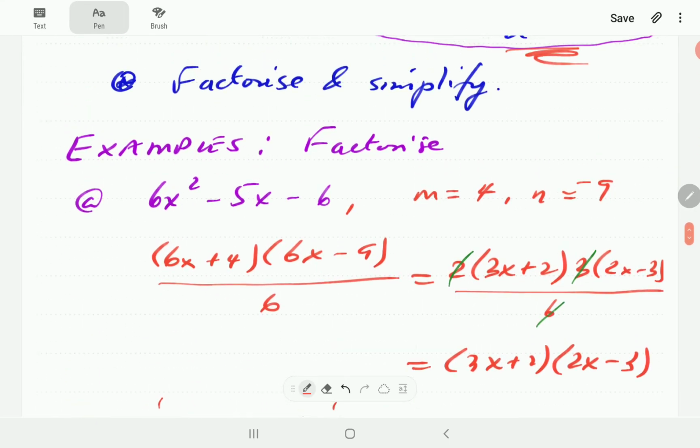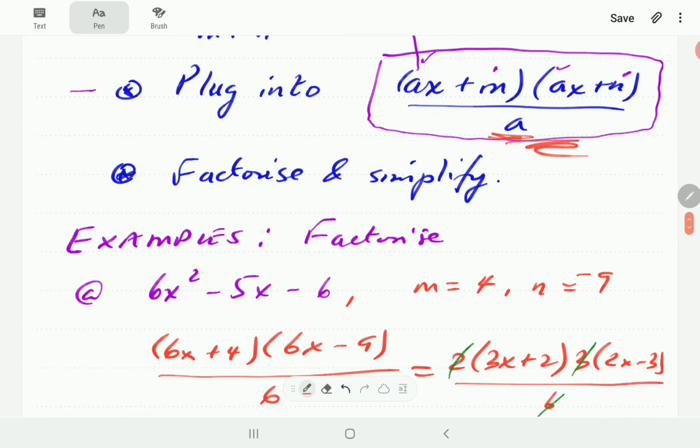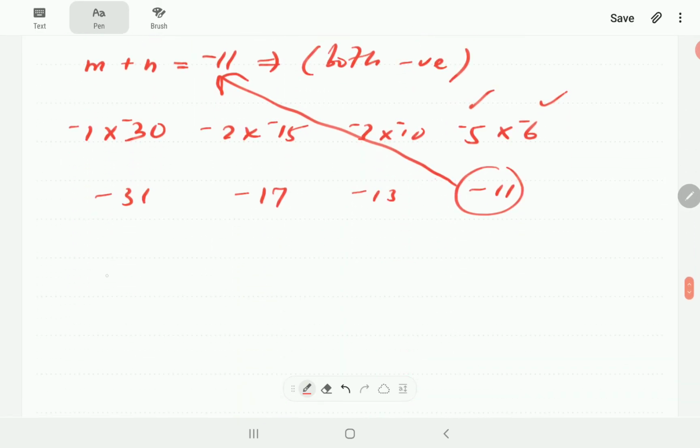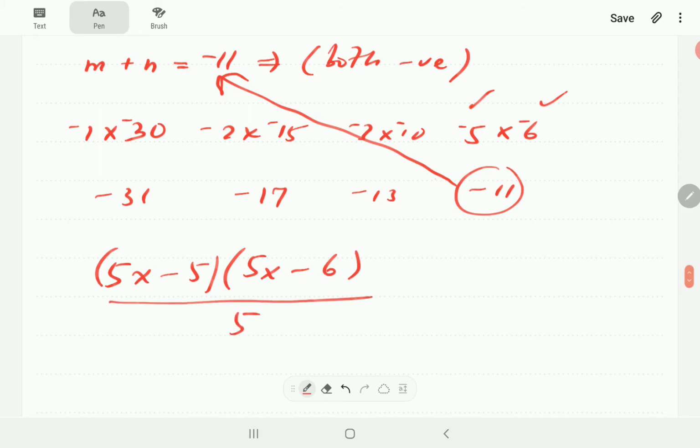So then we just again plug into this formula here. A this time is 5. So we're going to have 5x minus 5 for the first set of brackets. Then we're going to have 5x minus 6 all divided by 5.